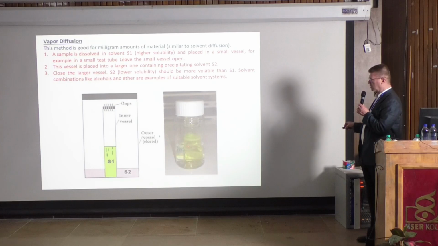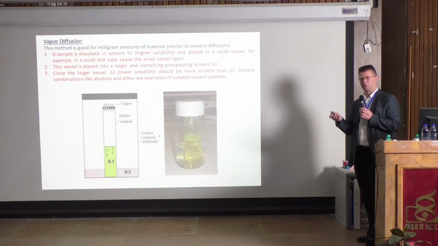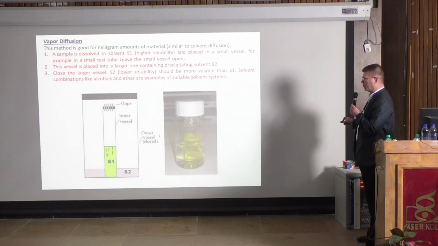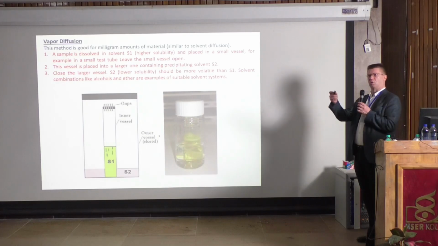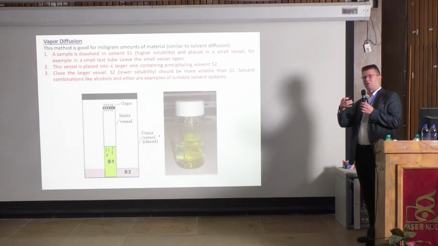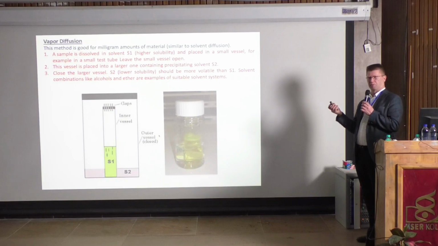Once you see something happening, or even sometimes you might create colorless crystals which you can't see by eye, it's very simple. You open a cork, close it, and go to the microscope and look, okay, there are some crystals already there. Then you keep the cork closed and pick up the crystals from there.